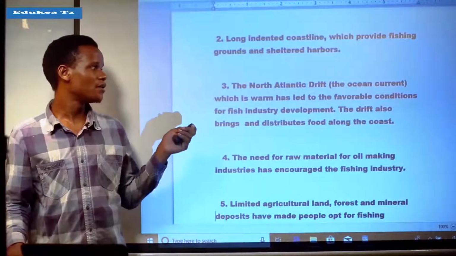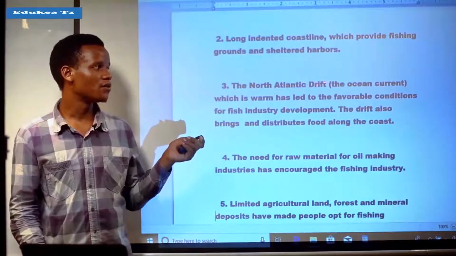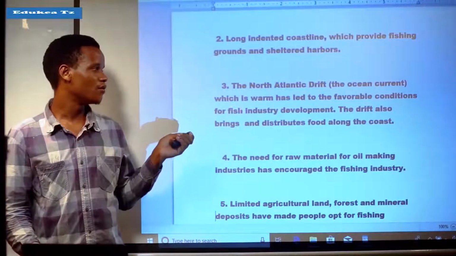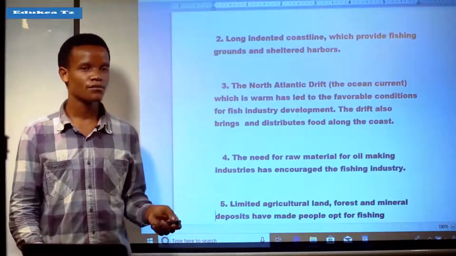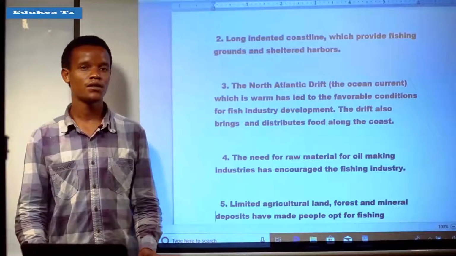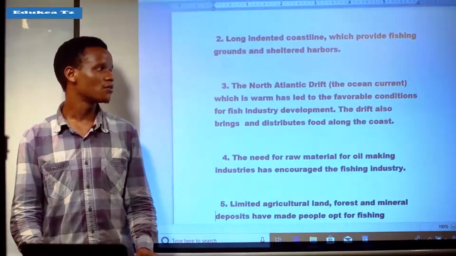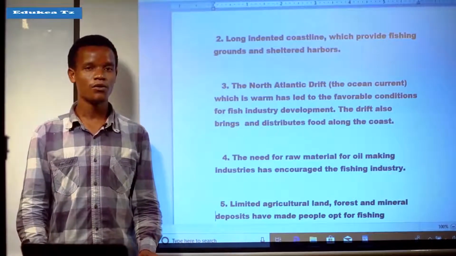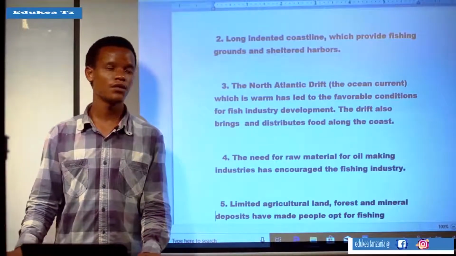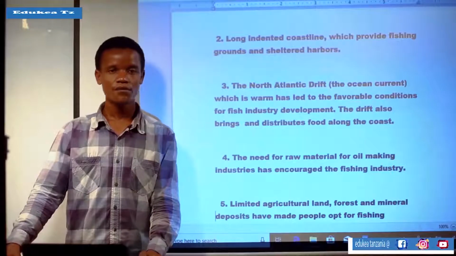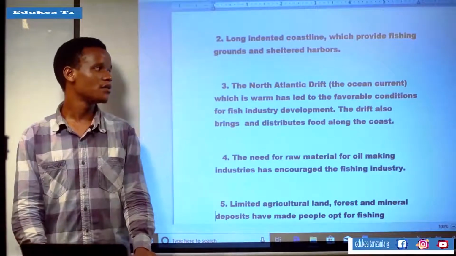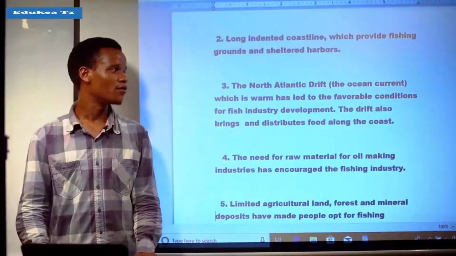Another is the North Atlantic drift, or the ocean current, which is warm and has led to favorable conditions for fishing industry development. The presence of the North Atlantic drift found in Norway contributed much to producing warm water. That warm water played a great role in supporting the development of the fishing industry in Norway.